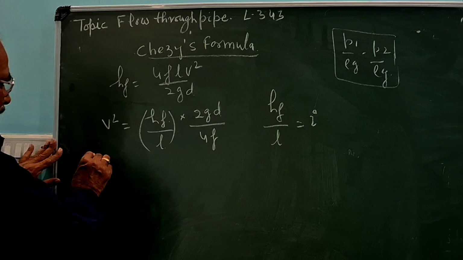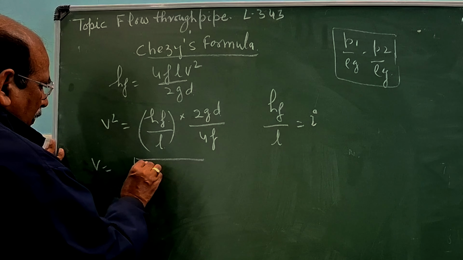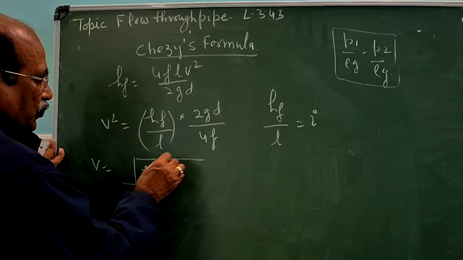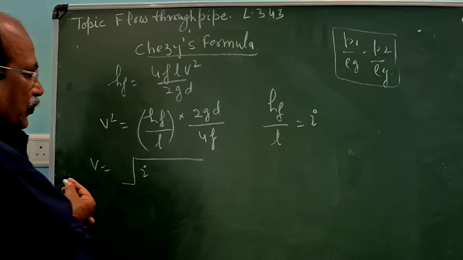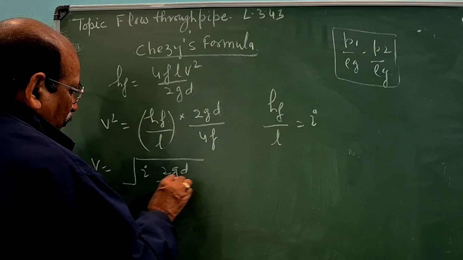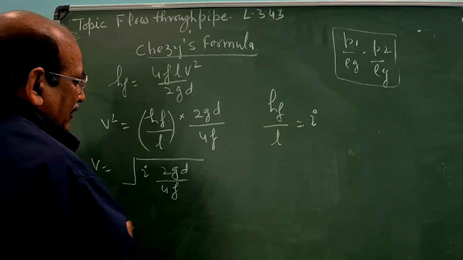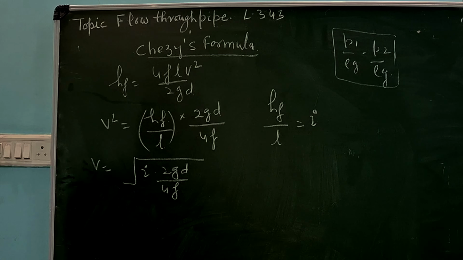So we can have V equals root over i into 2gD upon 4F. What is D by 4?